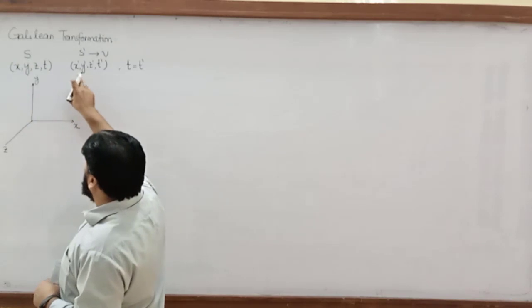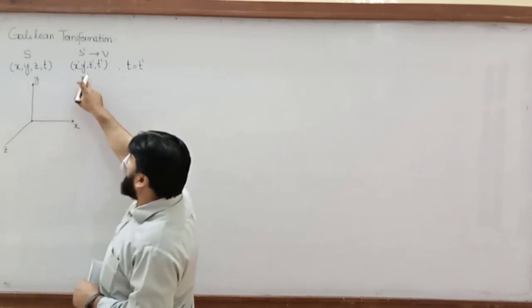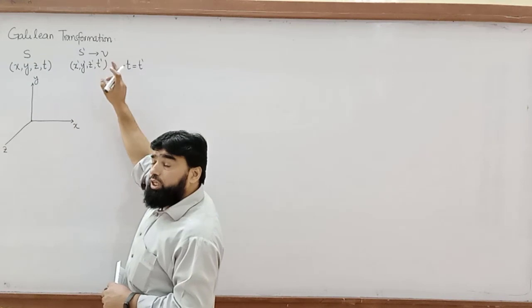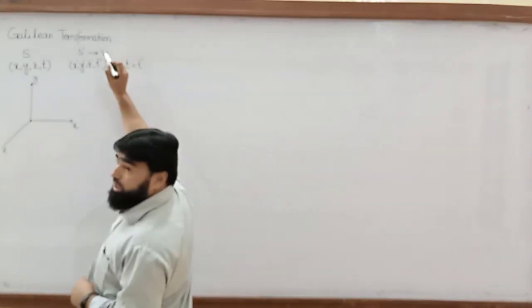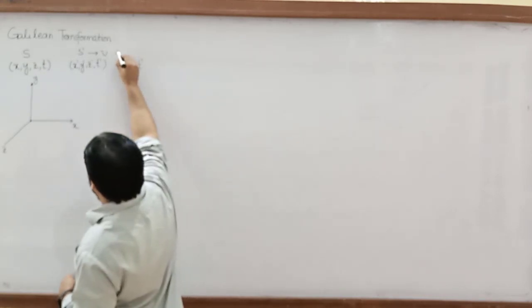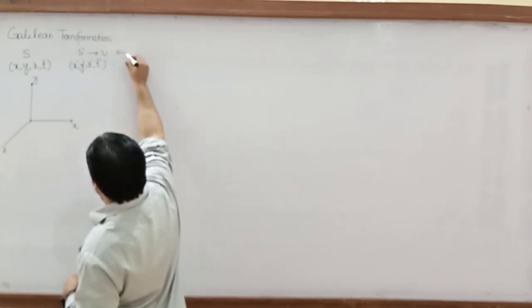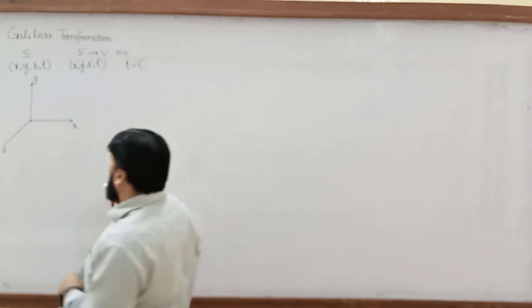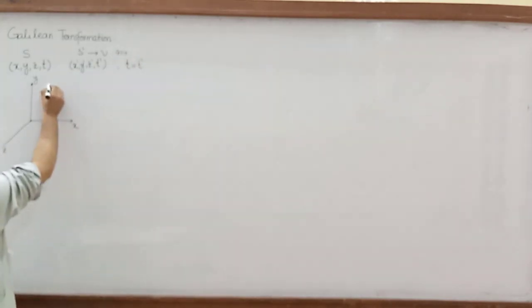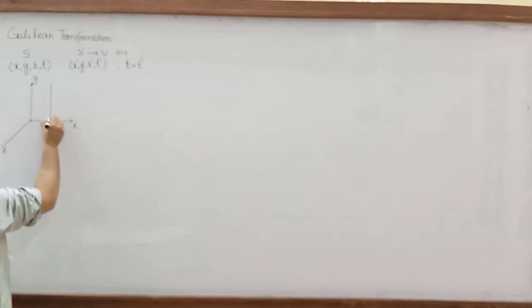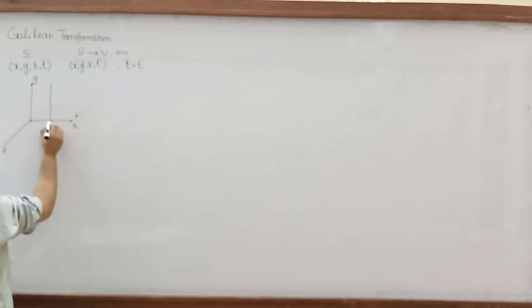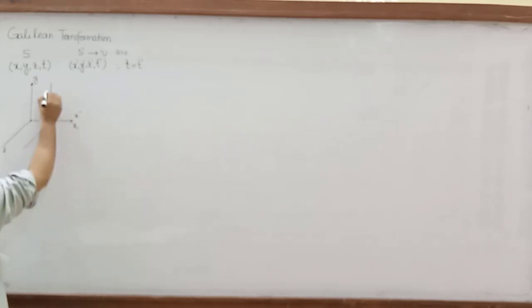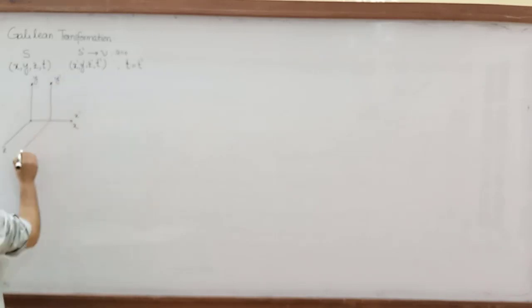Now consider another frame. This frame is moving at a speed v, but we are considering that this speed v is the velocity is constant. So it is an inertial frame of reference, a is equal to 0. So let me draw this one, and the x-axis coincides on the x-axis, while the y and the z-axis are here, y prime and z prime.